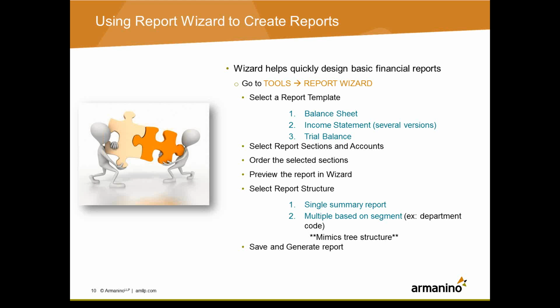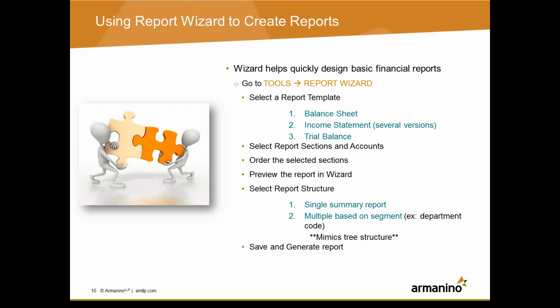Once you've selected your template, you're going to add the sections. Now this is true for the balance sheet and the income statement. The trial balance does not actually have sections. It's one line by description for the account numbers. So only the balance sheet and the income statement will ask you to set your sections and add accounts for each of those sections.